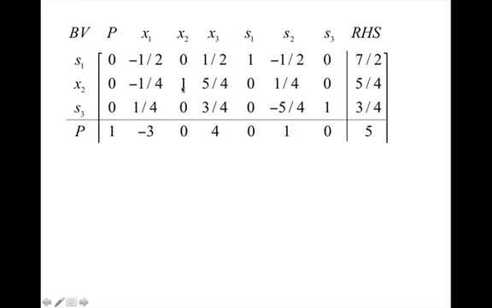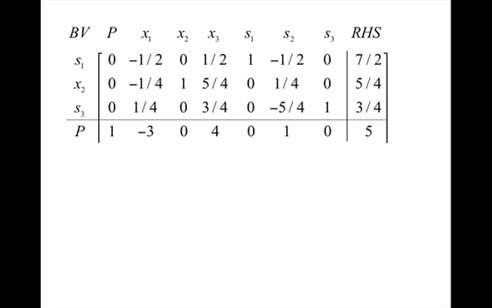The 1 is in row 2, so the row 2 basic variable is X sub 2. My next identity column is under S sub 1, and the 1 is in row 1, so S sub 1 is row 1's basic variable. And then my final identity column is under S sub 3. The 1 is in row 3, so S sub 3 is my last basic variable.